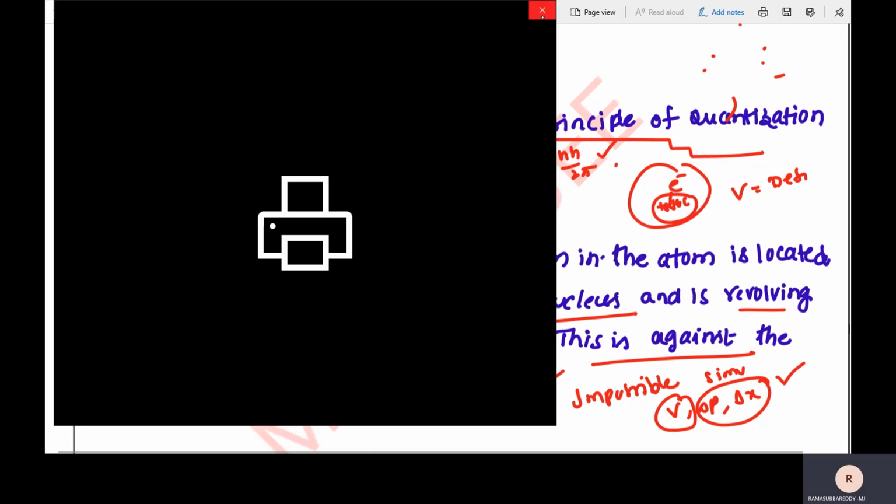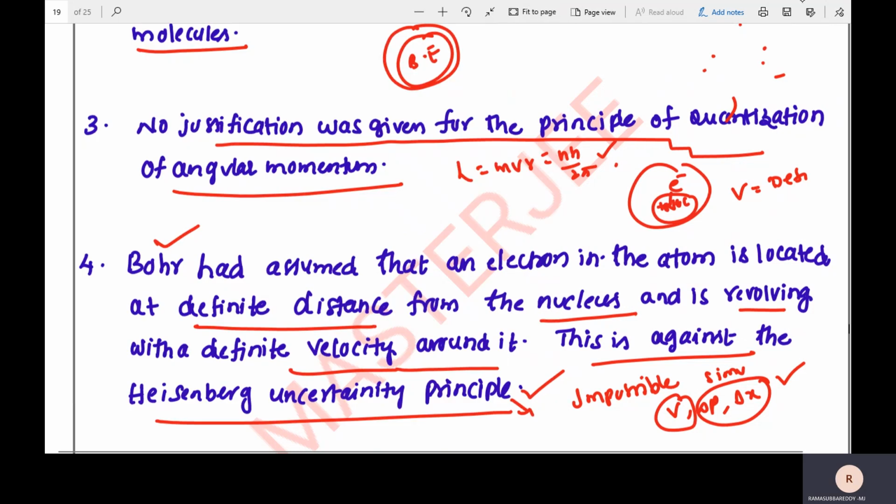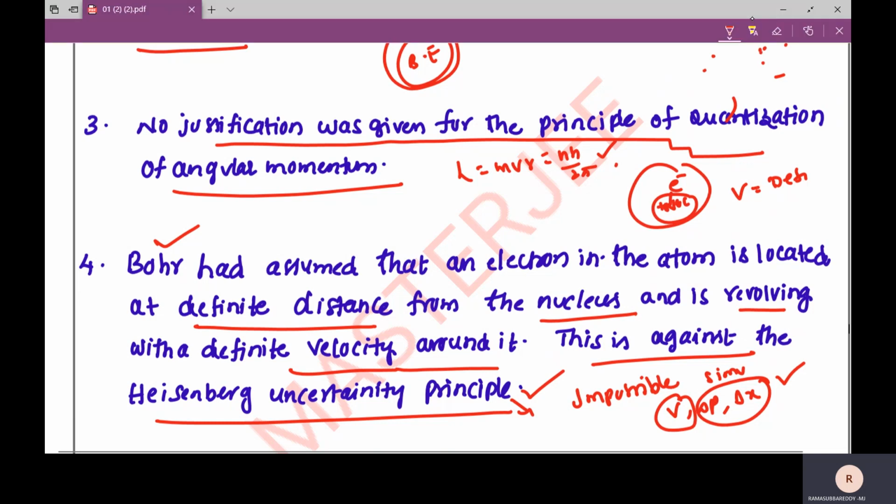Then hydrogen spectra we discussed. In this hydrogen spectra, what are Lyman, Balmer, Paschen, Brackett, Pfund, and how to find maxima and minima for different spectral series. That is all we discussed.